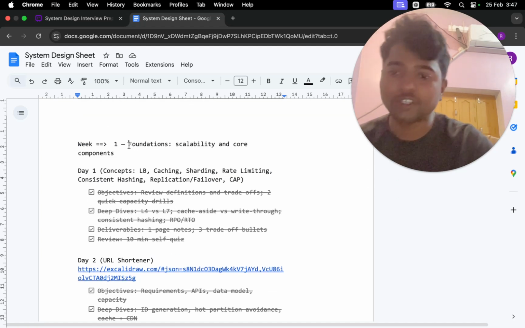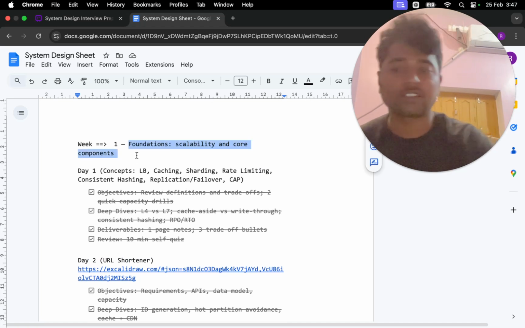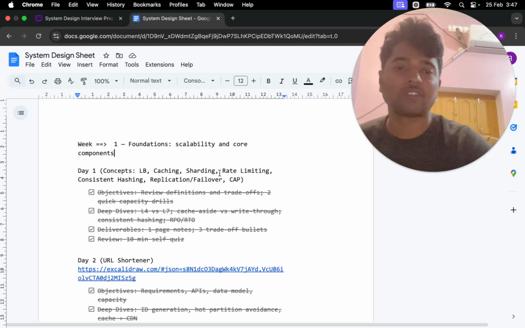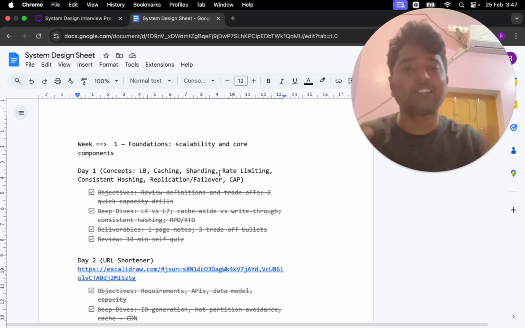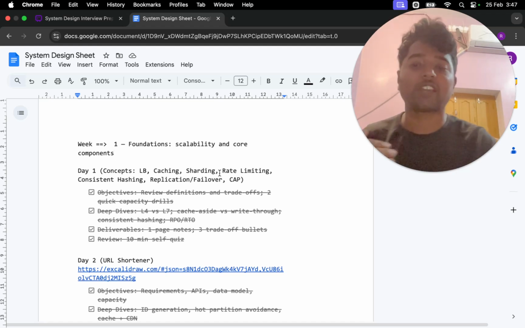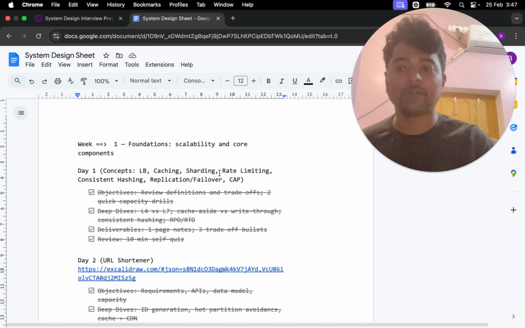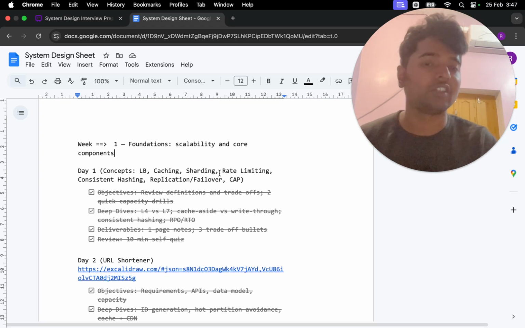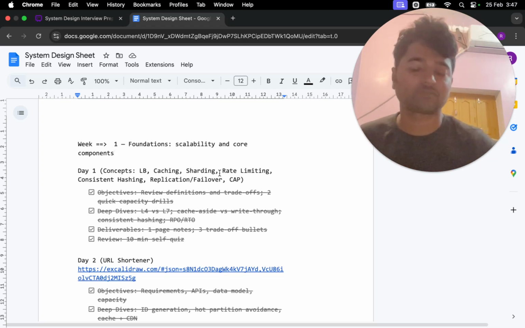So the first week is all about scalability and core components. Here you have to look through all the core components, whether it is cache, rate limiter, load balancer, or replication, and then the fundamentals of scalability like horizontal scaling and vertical scaling.